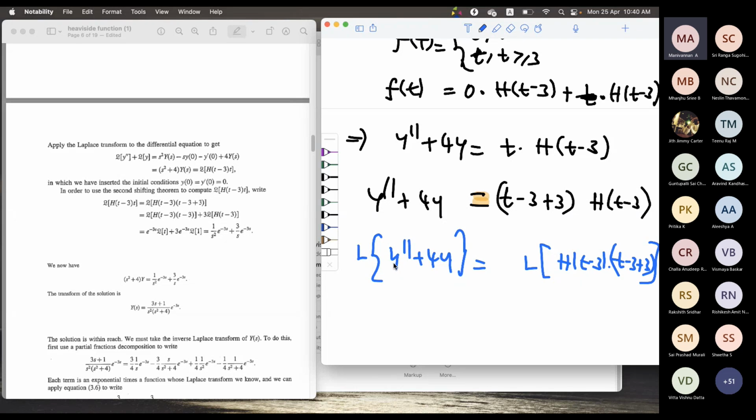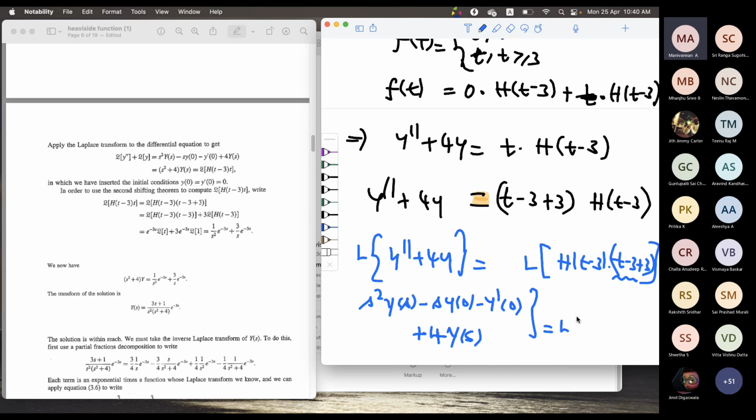So this is s square y of s minus s into y of 0 minus y derivative of 0 plus 4 times y of s. This equals, first I am going to consider L of h of t minus 3 into t minus 3, plus 3 times Laplace transform of h of t minus 3 into 3. Am I right?